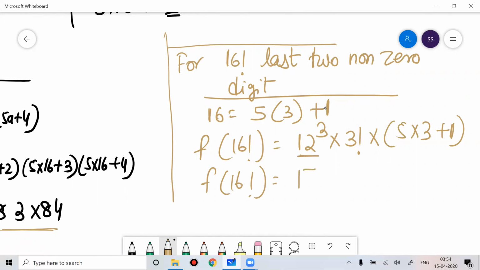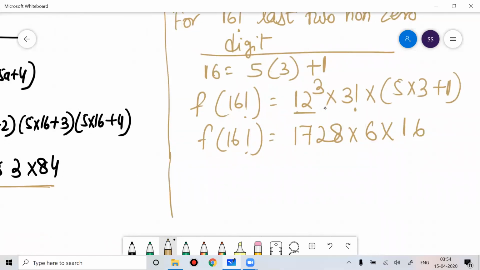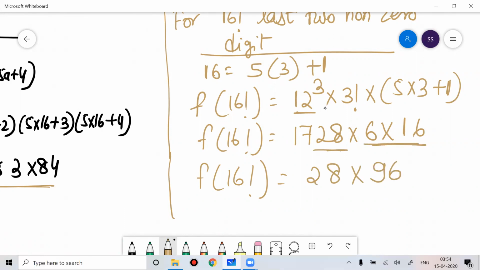That is 1728, into 3 factorial is 6, into 16. We are only bothered about the last two digits, so we take 28 into 16 6s, that is 96.